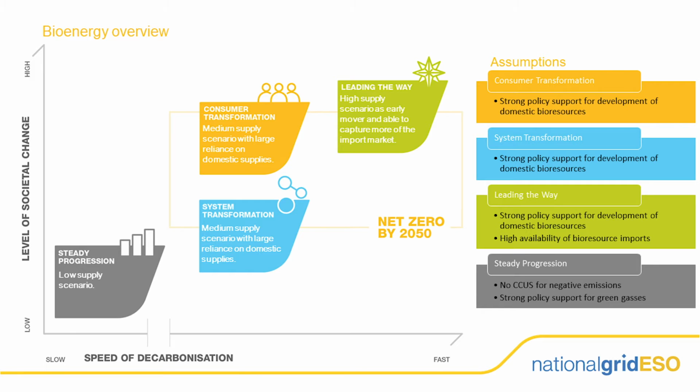Lastly, steady progression. In this scenario, unlike the other three green scenarios, there's no carbon capture, utilisation and storage. Therefore, our bioenergy cannot be combined with this to give negative emissions. The last assumption that I want to highlight is that there is a strong policy for production of green gas into the natural gas network to help it decarbonise.